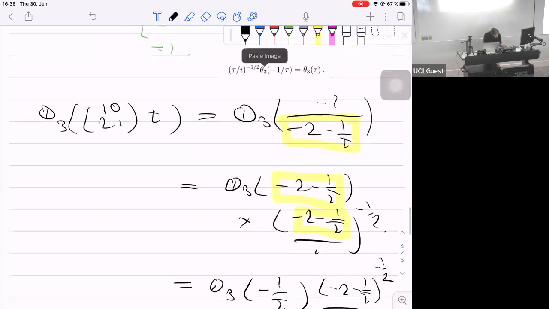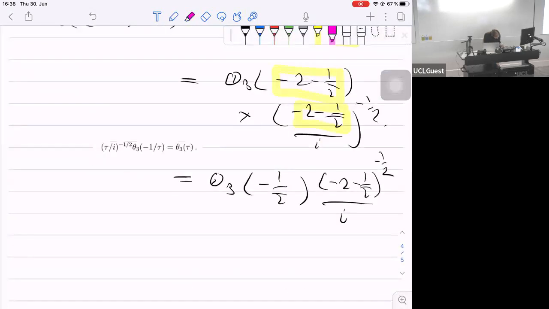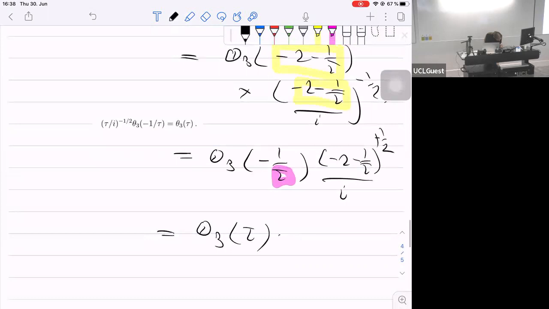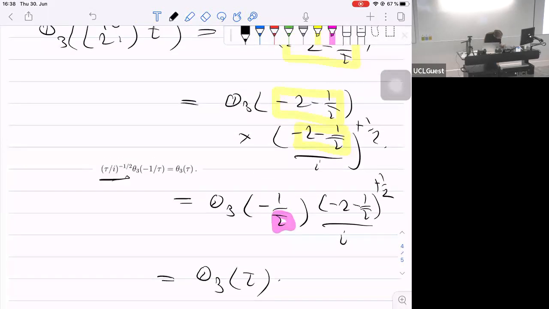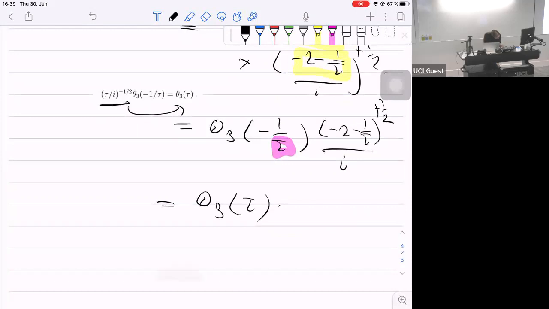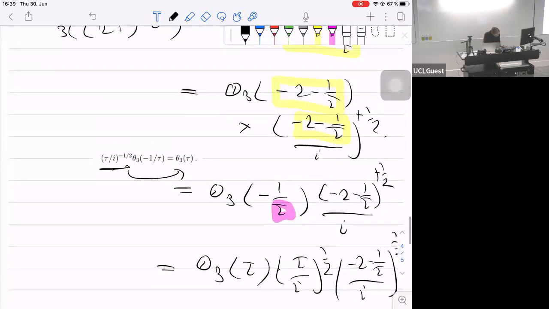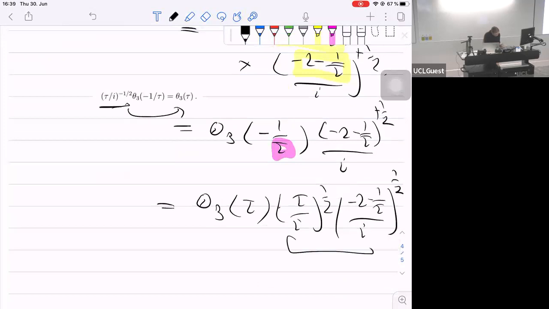And then we can apply this transformation again. So this is going to go to theta 3 of tau, because I want the power half there, because I've taken this over to the other side. So overall, once we unwind this transformation using the inversion twice, you get that the result is theta 3 of tau times this factor.